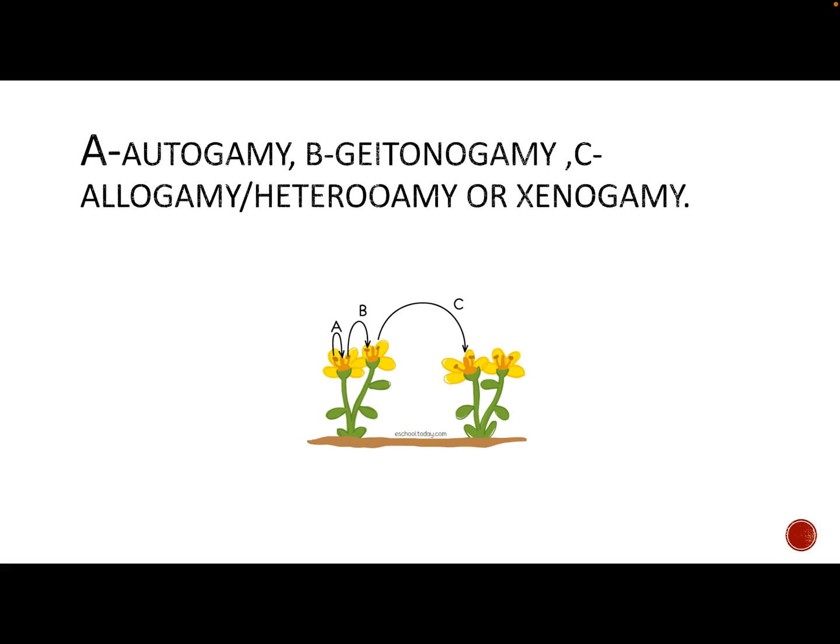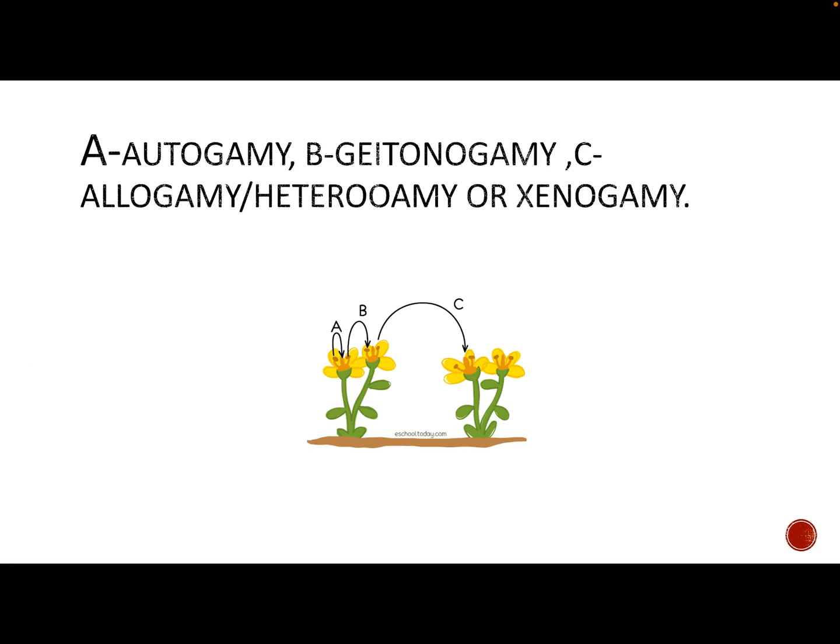B is geitonogamy, and C is cross pollination, because the plants are of the same species but they are different. If you say this is mustard species, then A is autogamy, B is geitonogamy, and C is cross pollination, xenogamy.